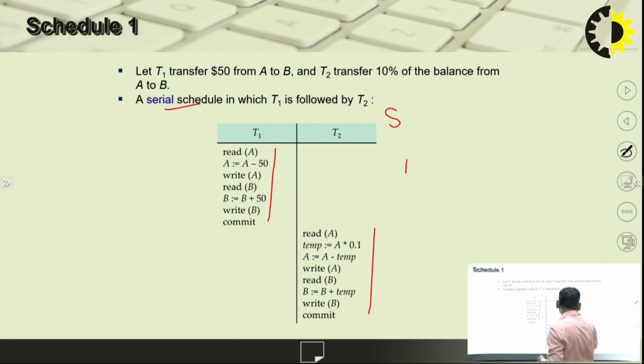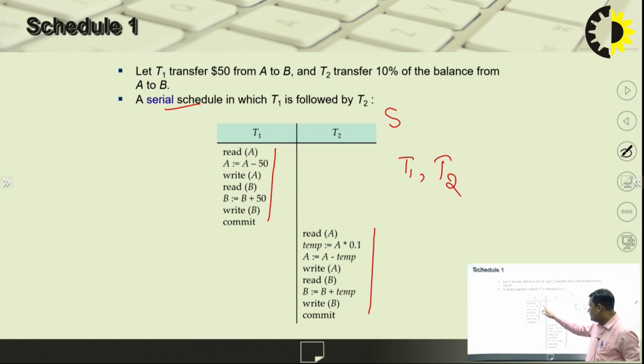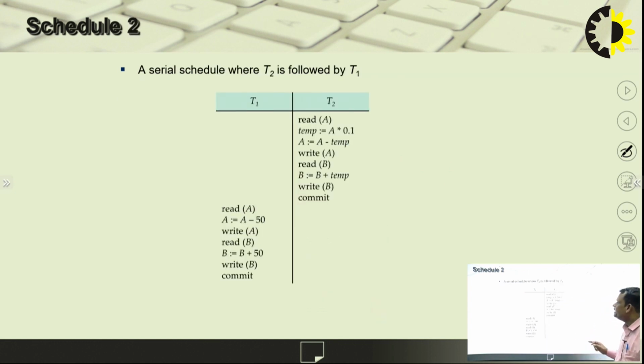Serial means the T1 transaction is executed first, then the second transaction T2. First T1 is completed, after that T2. The second example of a serial schedule: first T2 is committed, then T1. Serial is T2, then T1.